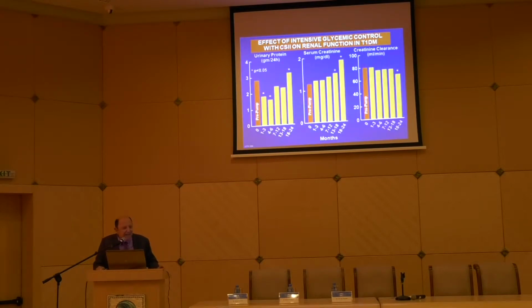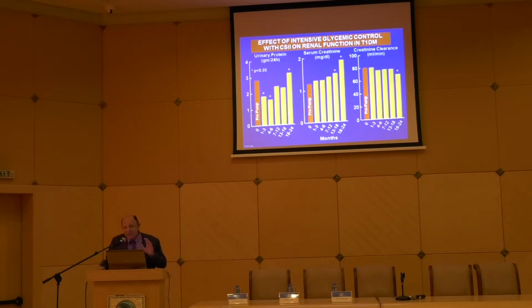Well, the Lancet has another name. It's called the Journal of Irreproducible Results. So this result was unfortunately in some ways reproducible, in other ways irreproducible. Because what happened? As this study went on, what you can see here is the proteinuria came back, the creatinine went up, and the creatinine clearance went down.